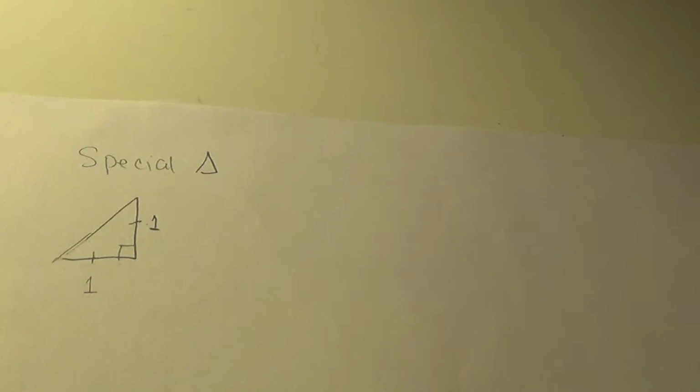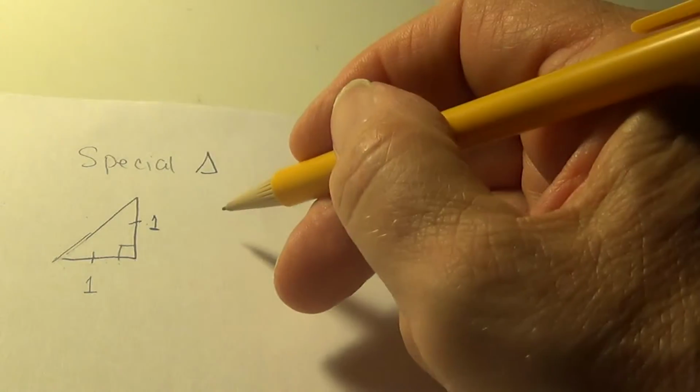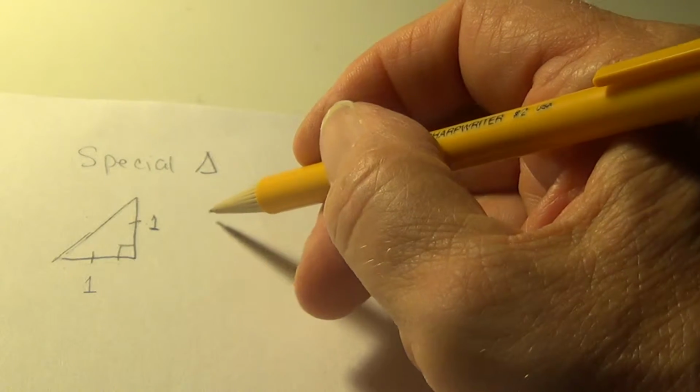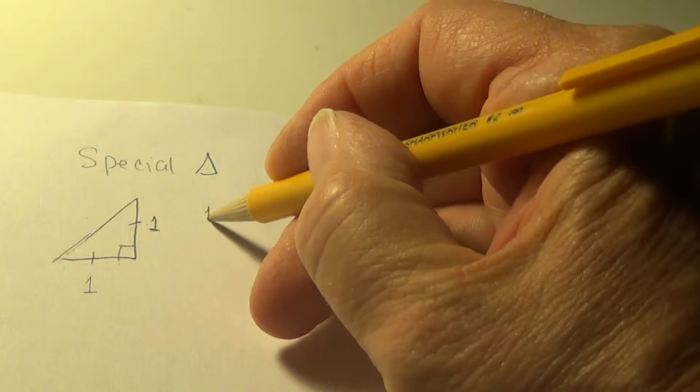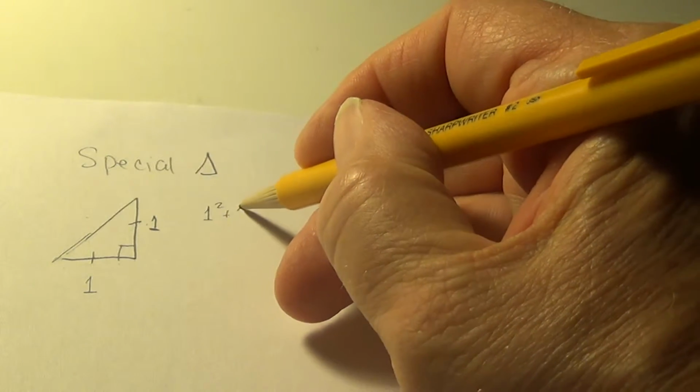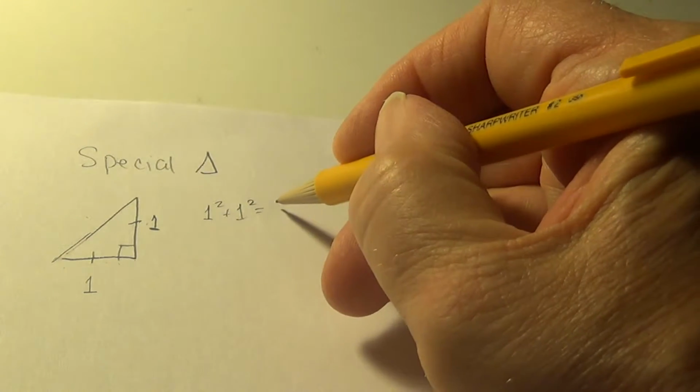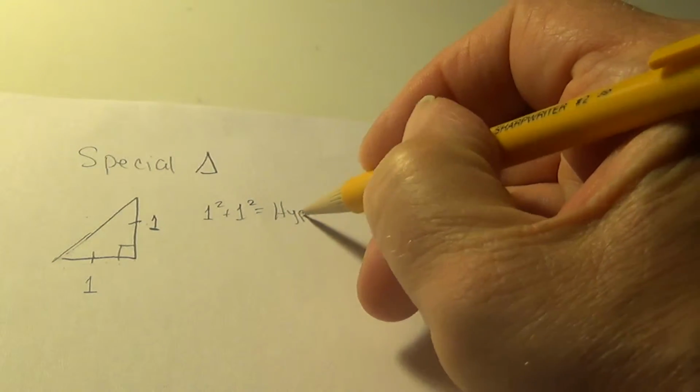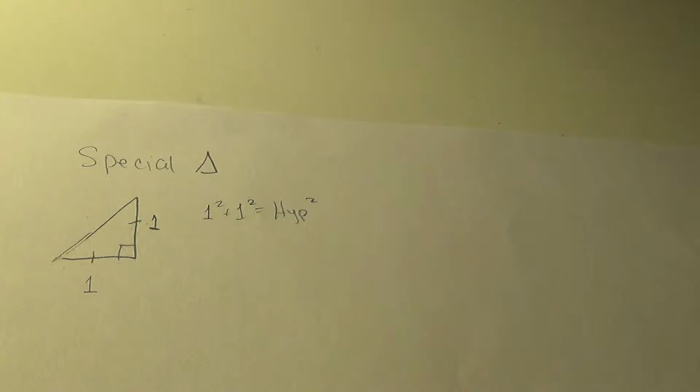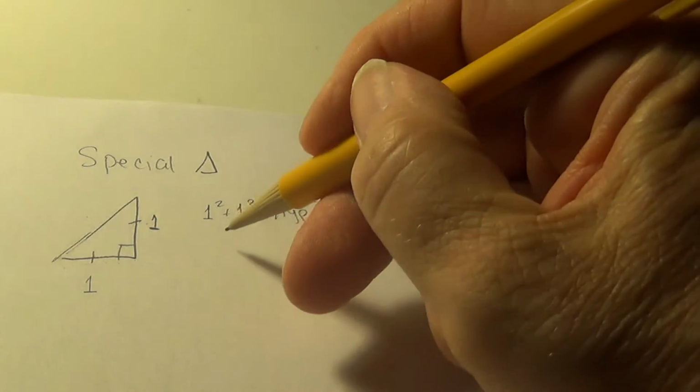We can use Pythagorean to come up with the third side, so see if you can do that while I do it. So I said 1 squared plus 1 squared equals the hypotenuse squared.